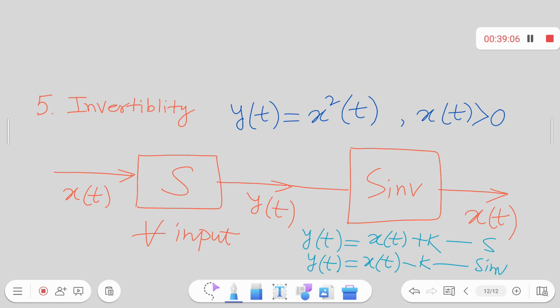Let's call a system y of t is equal to e to the power x of t.